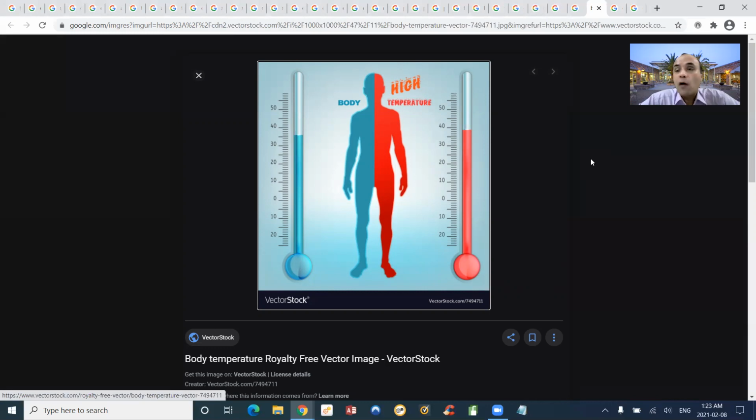And then your alternative hypothesis is body temperature is not 36.5, which means it is above 36.5 or below 36.5. And by the way, when we say 36.5, we consider 37 as a natural body temperature. We consider 36 as a natural body temperature.